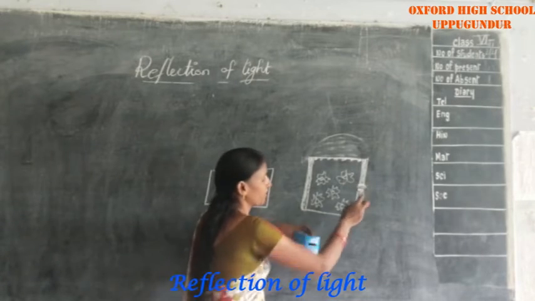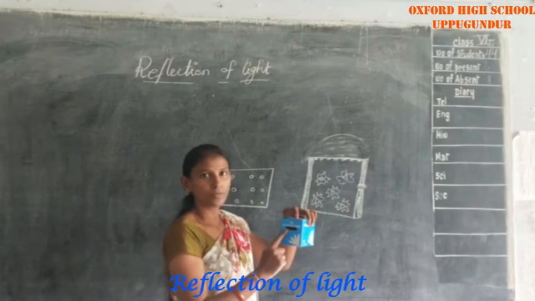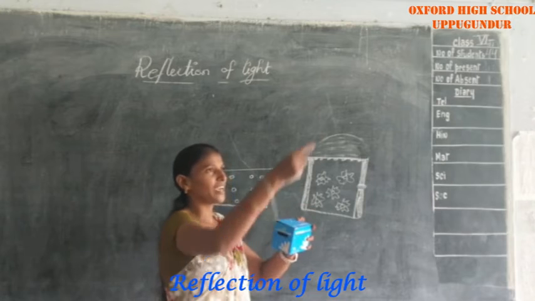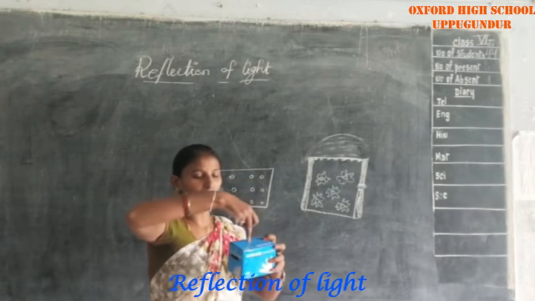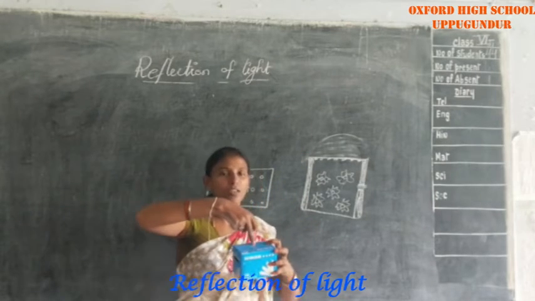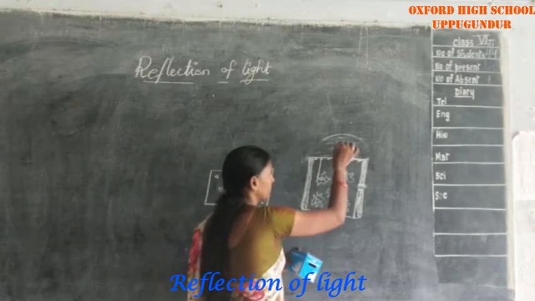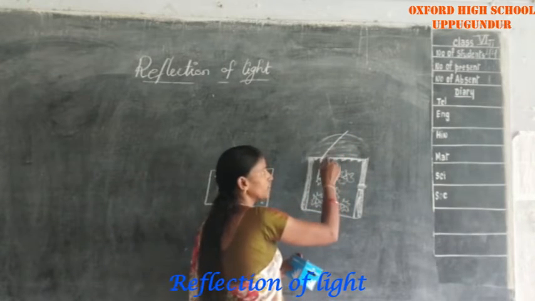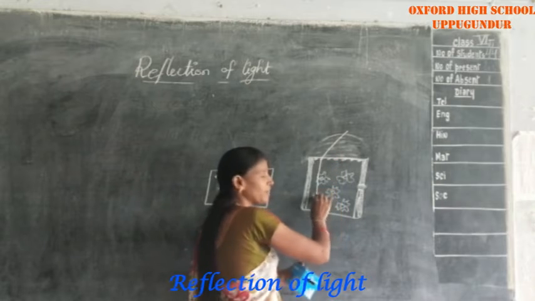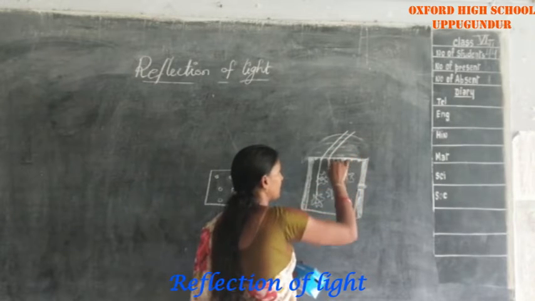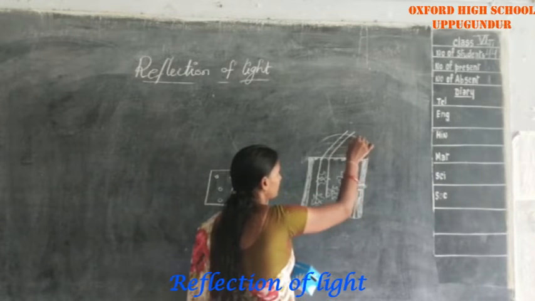And one side you keep the one hole. So automatically the light is falling on the upper part of the box, yes or no? So the light is falling on the hole and again reflected to the inside of the box.